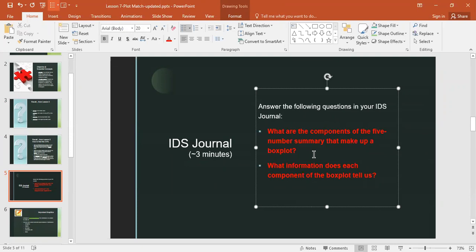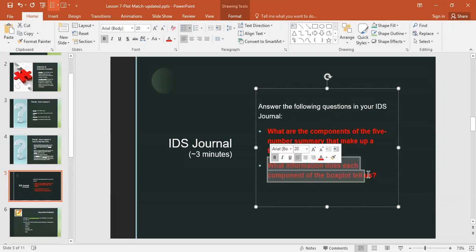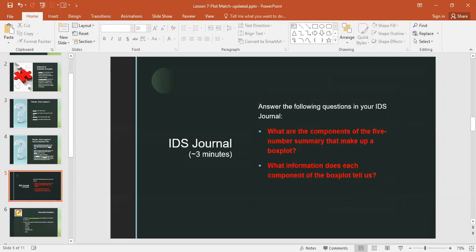What are the 5 numbers that you need in order to make a box plot, okay? And then, more importantly so, what information does each component of the box plot tell us? So you can literally put, this is one of the numbers I need, this is what it gives me. This is one of the numbers I need, this is what it gives me. Okay, 3 minutes to do this.